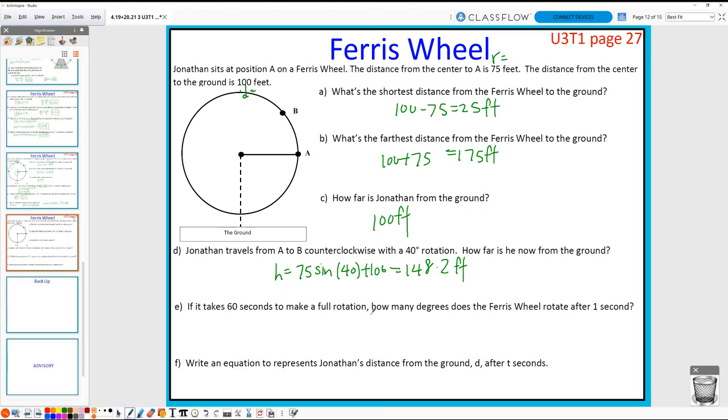If it takes 60 seconds to make a full rotation, that means 360 divided by 60. That's 6 degrees per second. This time they just want the equation. So h of t is equal to 75 sine of 6t plus 100.